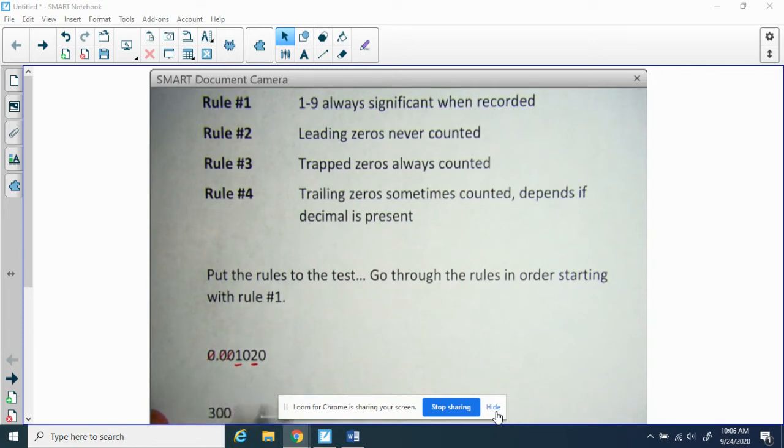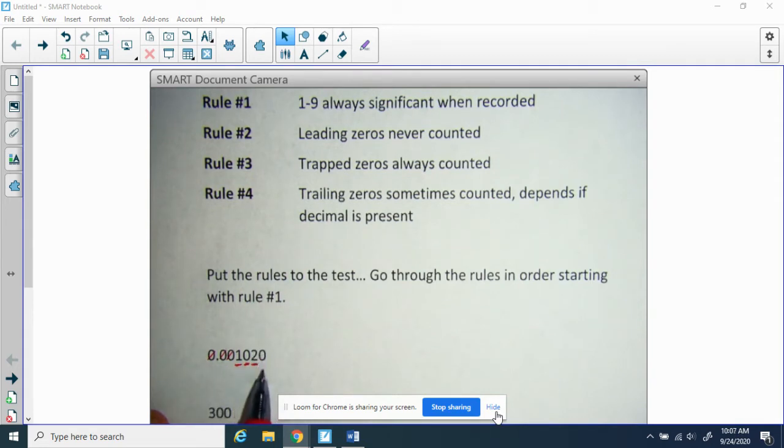Rule number 3 talks about trapped zeros. Notice I have a 1 through 9 number here and a 1 through 9 number there. In between, there's a 0. We're going to consider that a trapped 0 because it's stuck between 2 things we count. We can't skip over that. We always count a trapped 0. We then move on. There's 1 more 0 left.